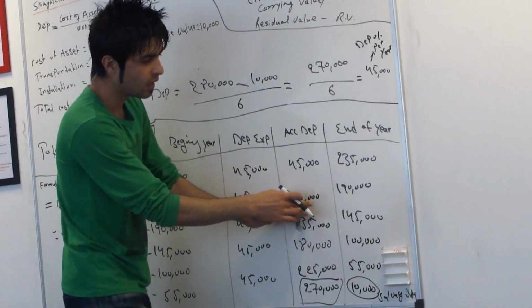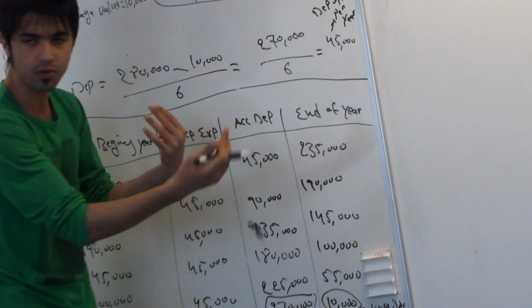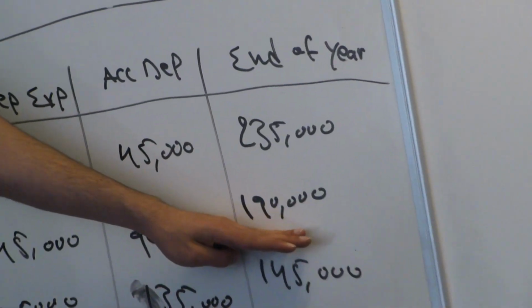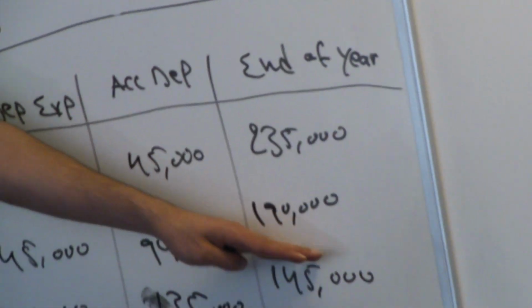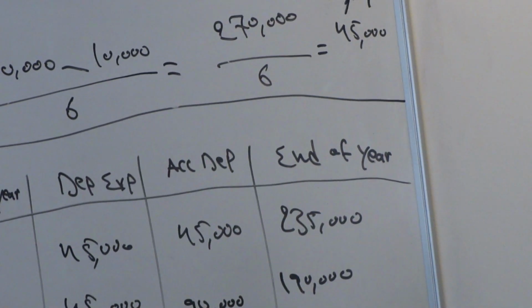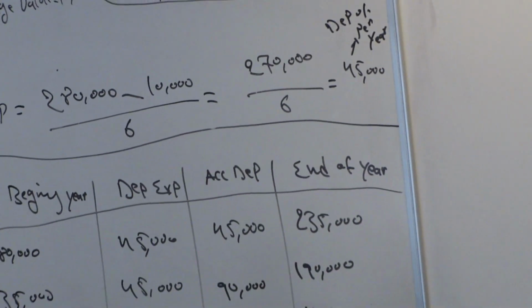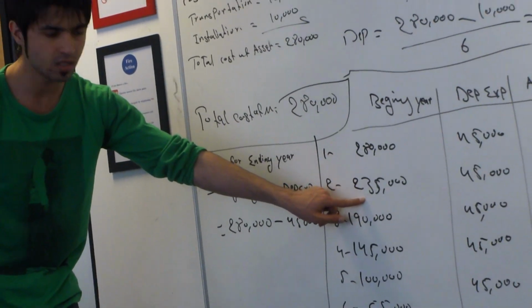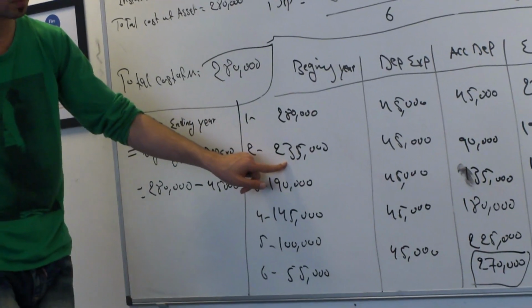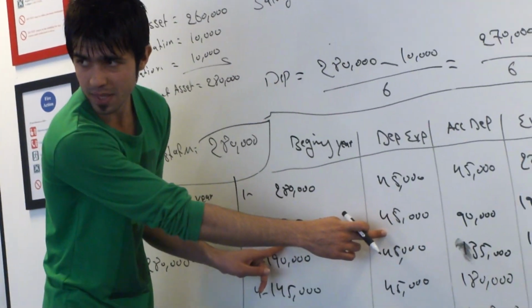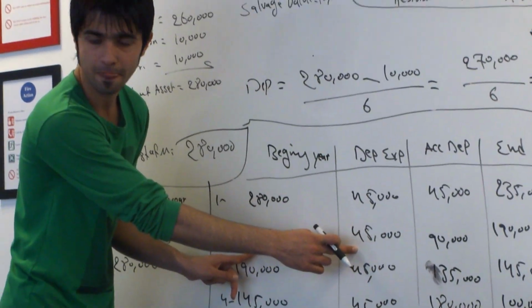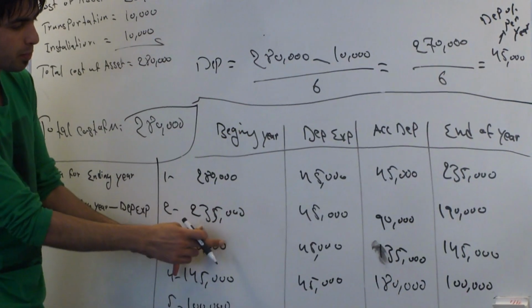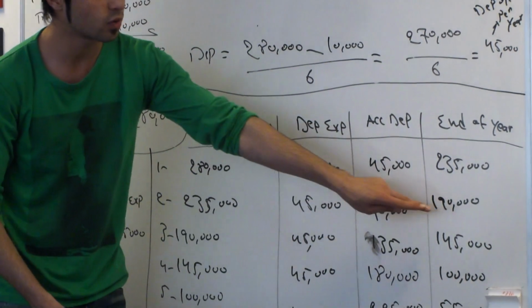Okay? End of the year, how do we do it? How did we get this 190,000? I say in the formula that beginning year minus depreciation expense. Now how much is the beginning year? 235,000. How much is the depreciation expense? 45,000. When we minus this one from beginning year, we get 190,000.